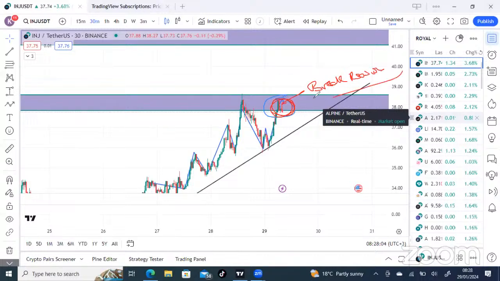Give me one in the chat if I'm clear with that. And we say the break is when a green candle starts below, closes above, then a red candle also closes above. This is what we call a breakout.